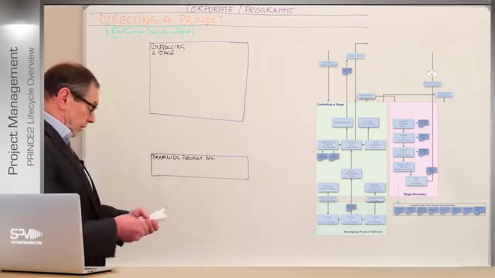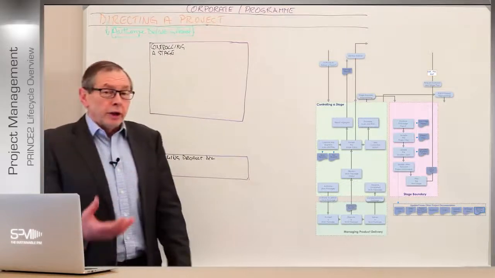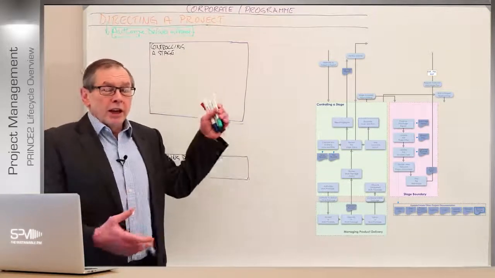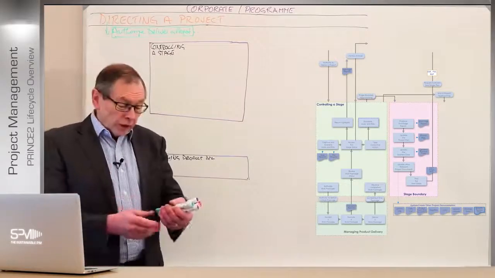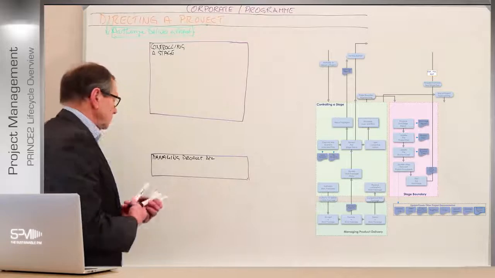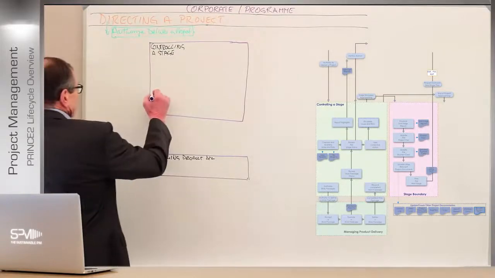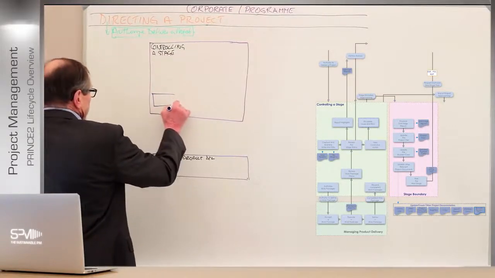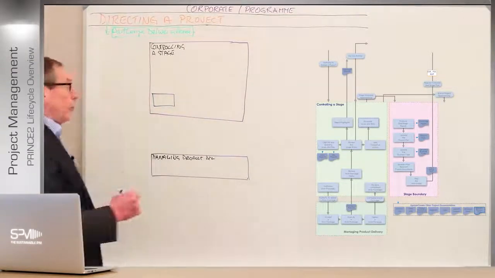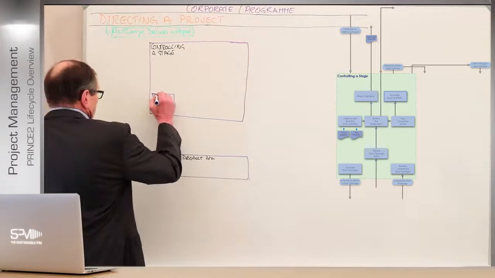So controlling a stage. Right, now when you go through this in the book, the first thing that happens is that what we're doing here is getting work done. So the first thing that's happening here is to assign work to be done. So we have the first box here doing just that. And this is where the project manager now authorizes work packages.